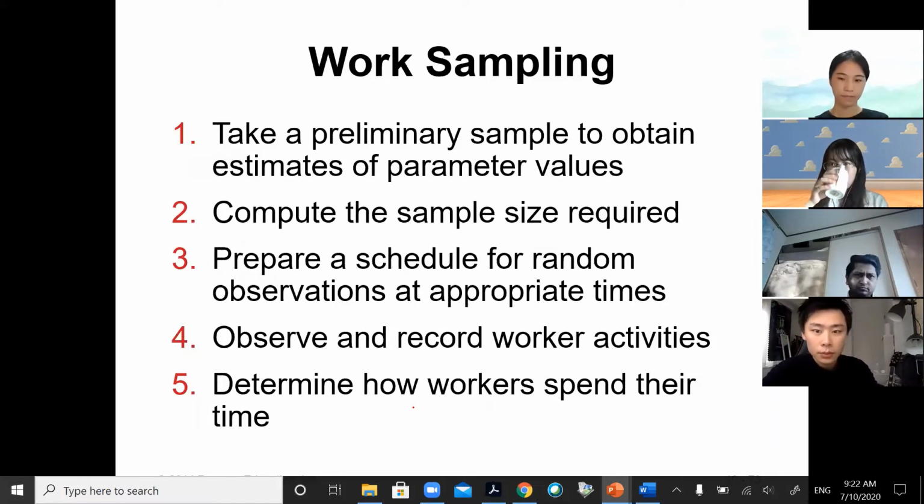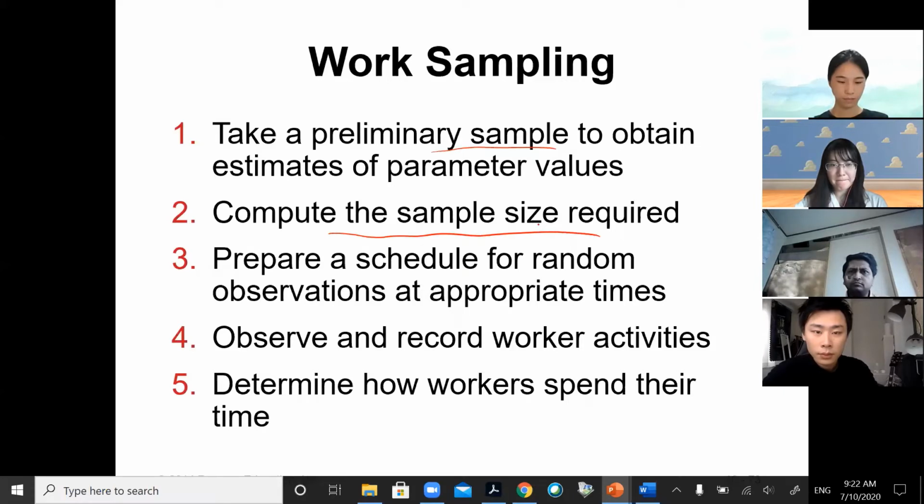So you want to take a preliminary sample observation first. Observe how work is done, or observe an engineer in the office. What percentage of time does he spend, for example, on answering phone calls or meeting clients?